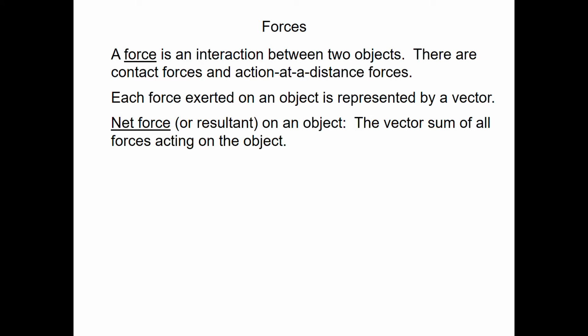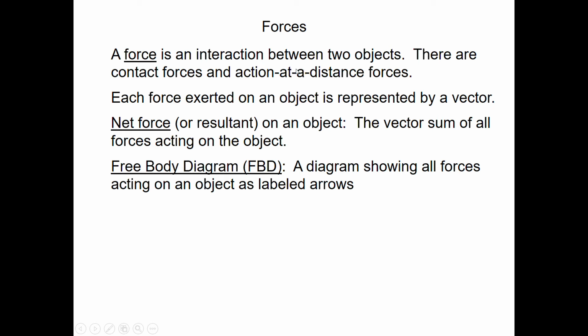So if an object has four forces being exerted on it, we can add the first two and get the sum of those two, and then take that vector, add it to the third, and then take that result and add it to the fourth. So we know how to add lots of forces together. We can just do them two at a time and get the sum of all of them. So that's the net force.